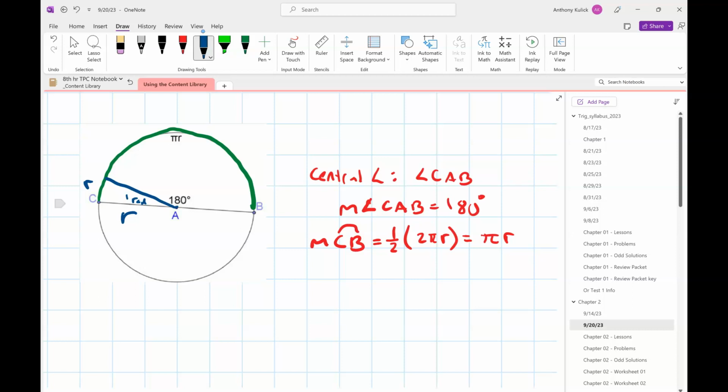How many of those little slices can I make? I can make pi of them, because the arc is pi times r. So I can have pi slices of r, right?